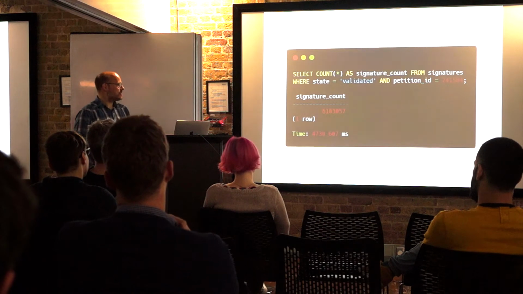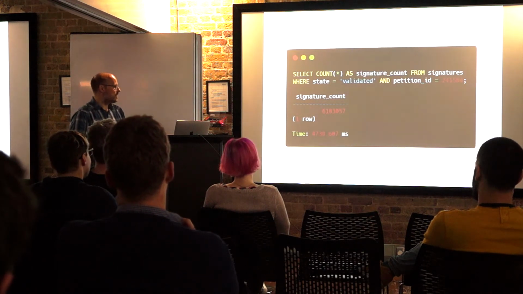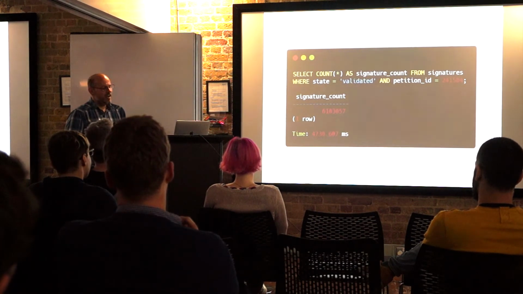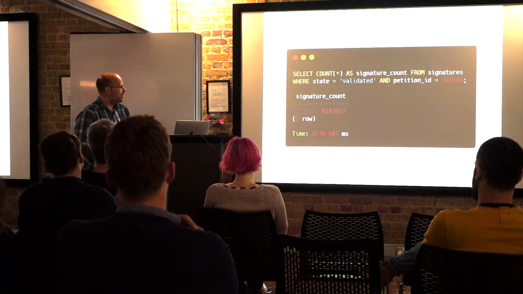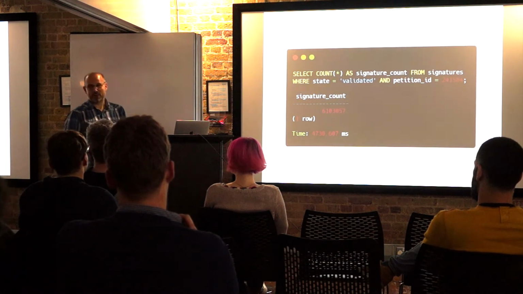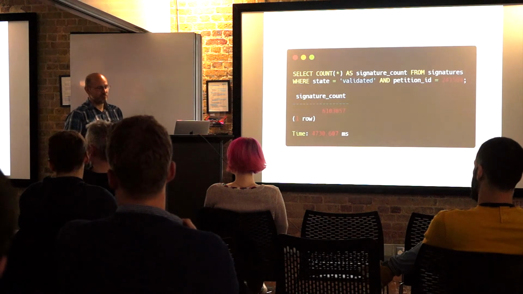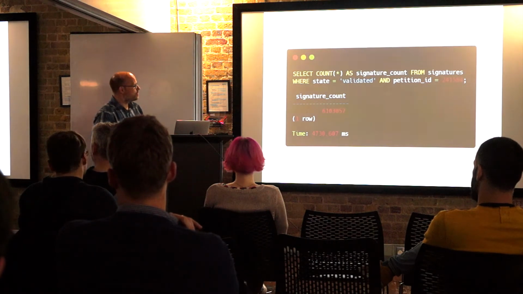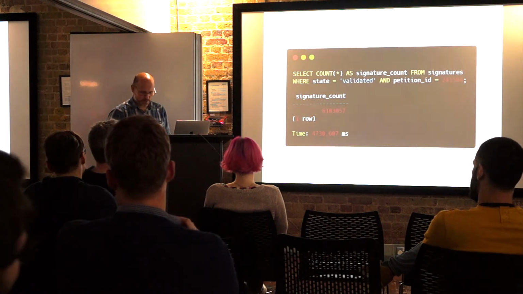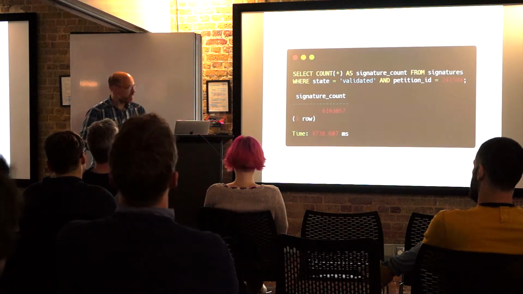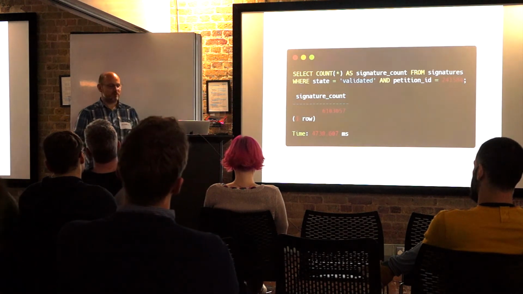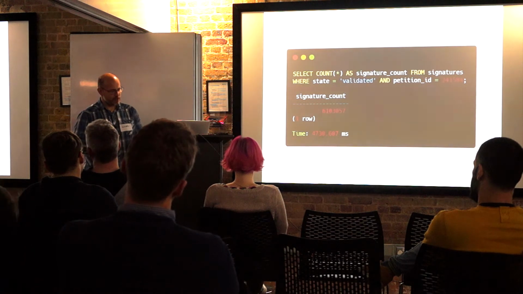Counting that takes just over 4.5 seconds on the large database that Amazon offers, which has 64 CPUs and 256 gigabytes of RAM. So obviously taking 4 seconds to build a page is not acceptable for a user.